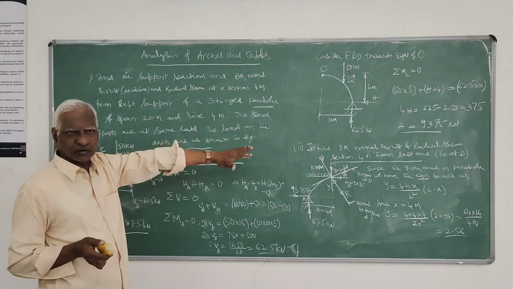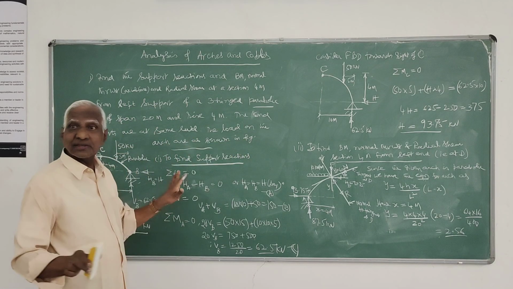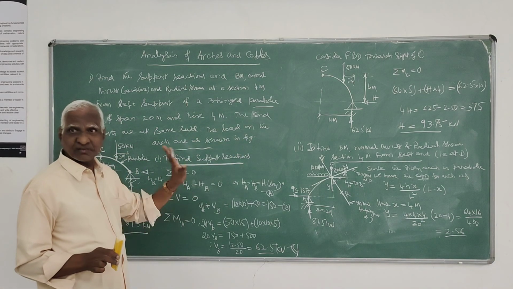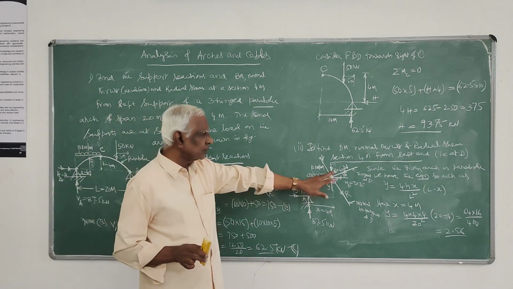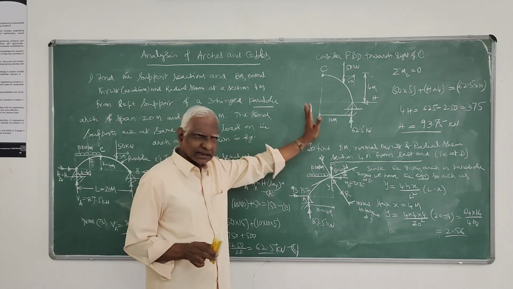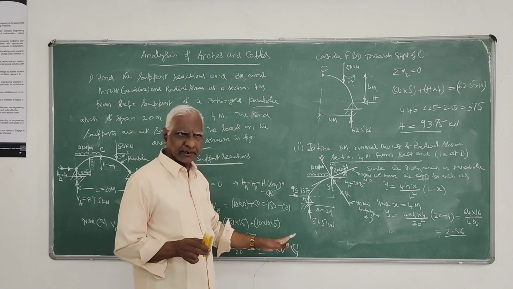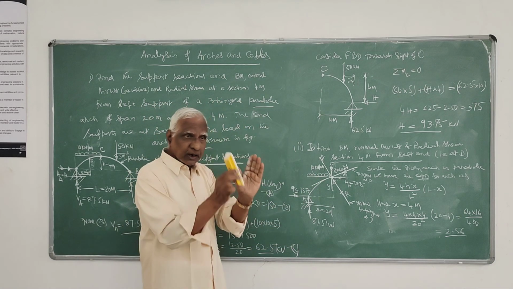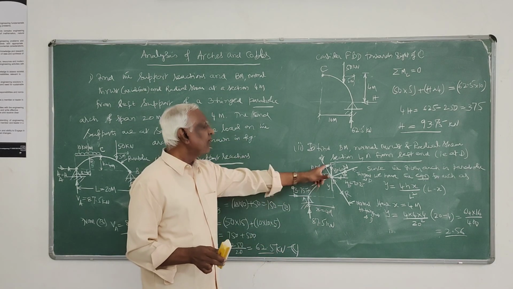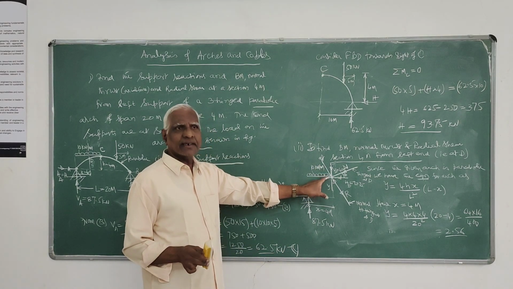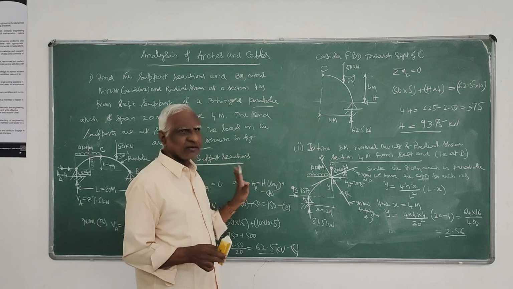It is clear how to find the internal forces with this completed analysis. So first you draw the free body diagram at the section where bending moment, normal thrust, and radial shear are to be determined. That free body diagram has to be in equilibrium. Find the reactions at D, horizontal as well as vertical.